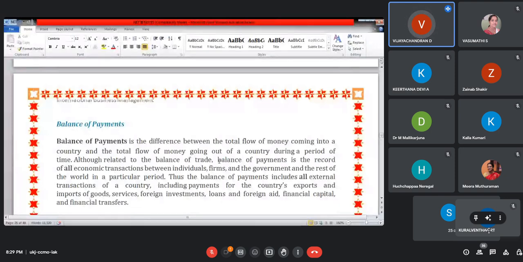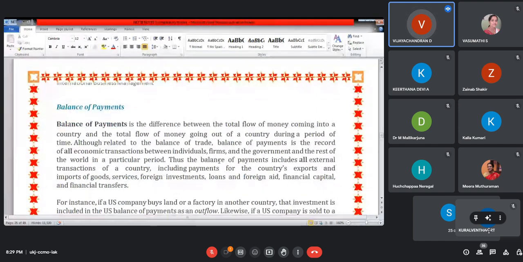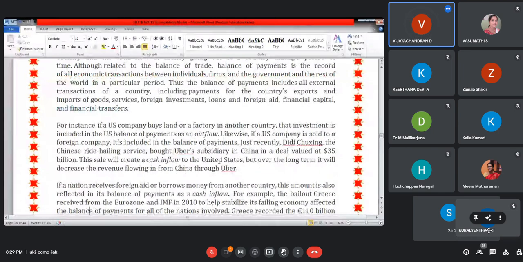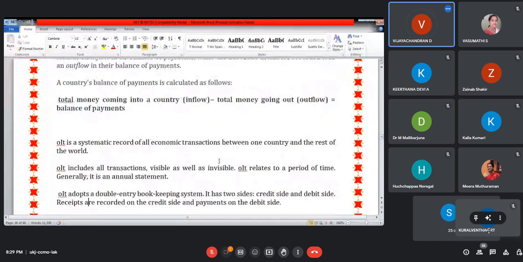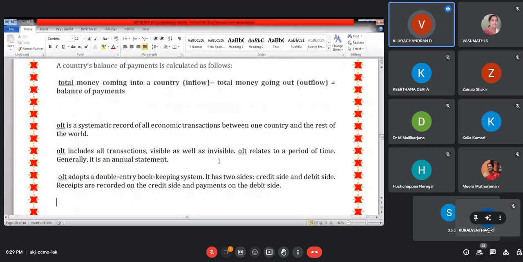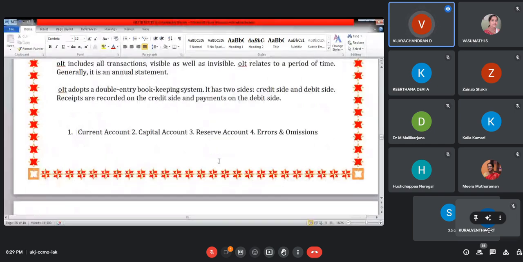So in order to arrive at the balance of payment, a country should have two types of accounts. One is current account, another one is capital account.